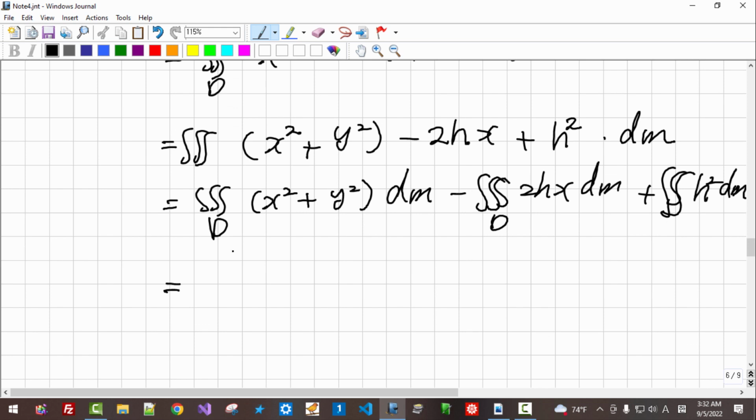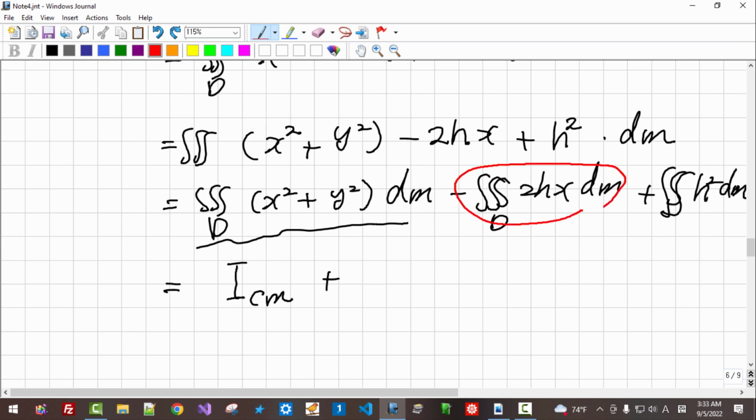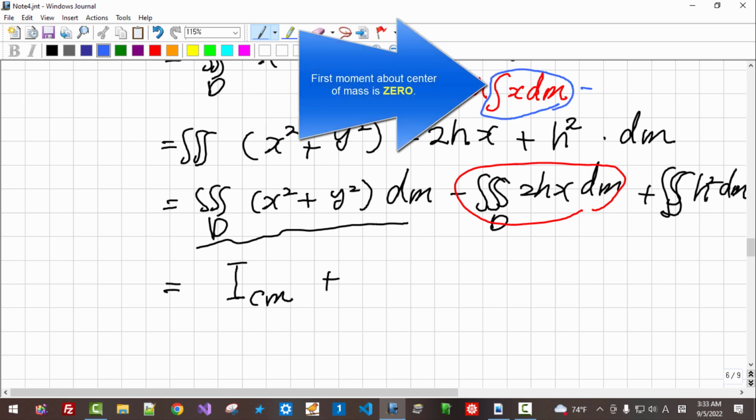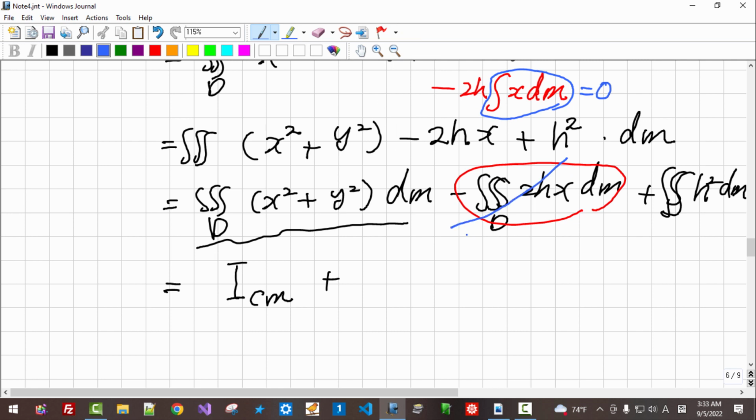Then this term becomes I CM. Plus this term can be 2h times the integral of x dm. This 2h integral of x dm is 0. So this term becomes 0.